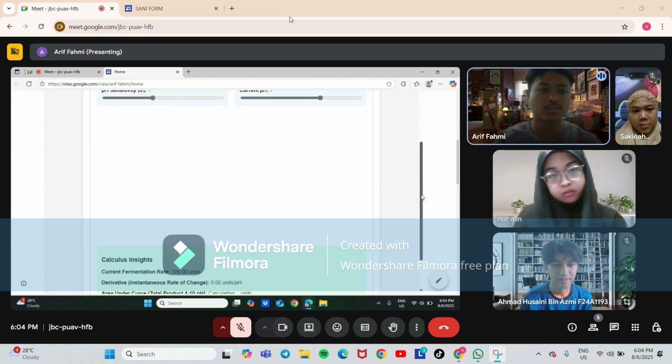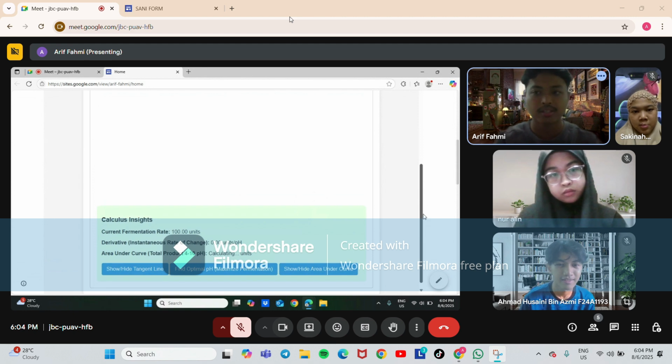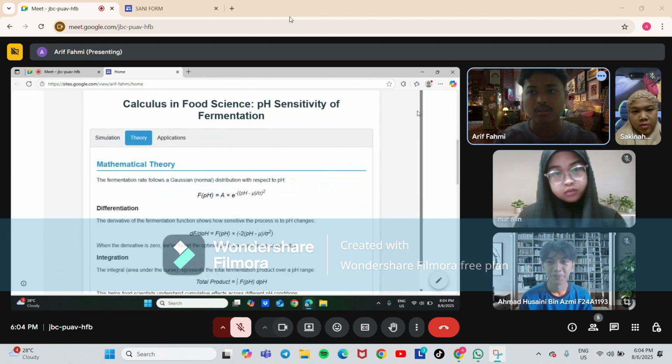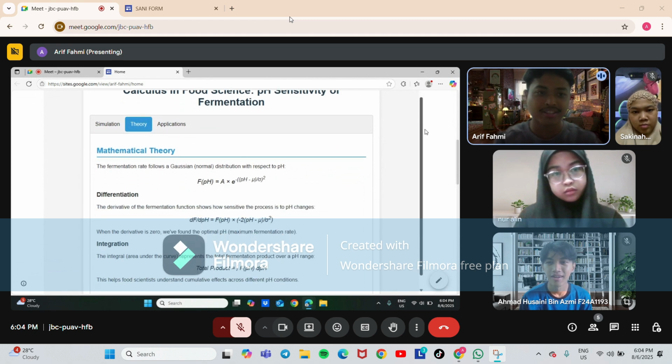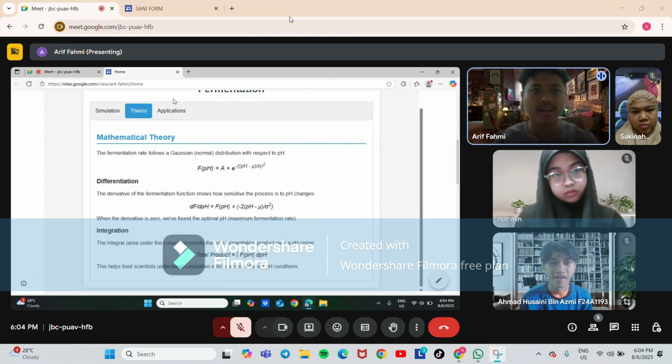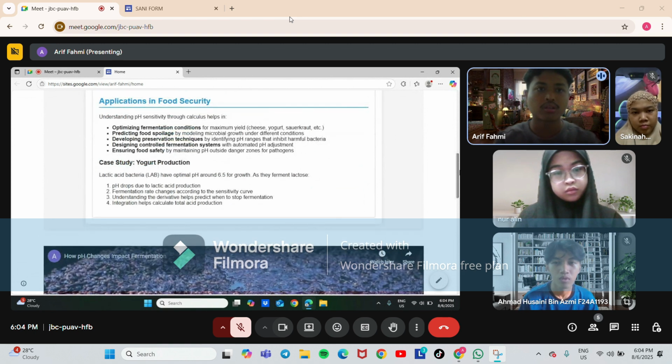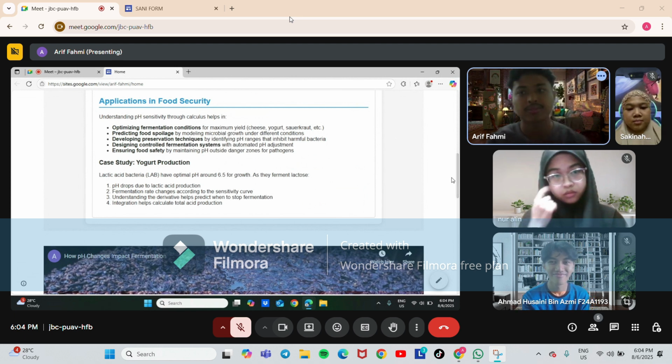This part shows calculus inside. Next, the theory shows differentiation and integration, and for application, we show important applications in food security, which are important for understanding pH sensitivity.